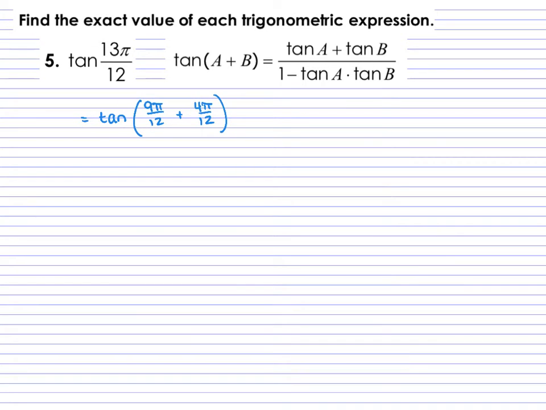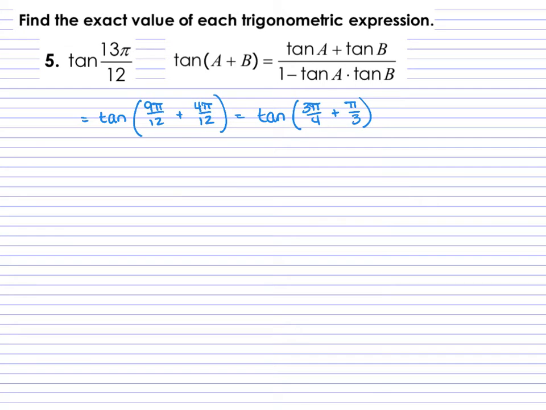So common denominators here, 9 and 4, we add them up, we get 13. But now I can simplify these. So this is really the tangent of 9 and 12 are both divisible by 3. So 3 pi over 4 plus 4 goes into 12 evenly, pi over 3.